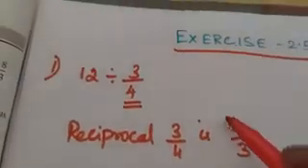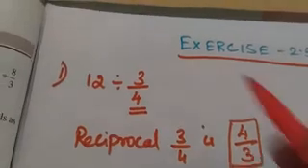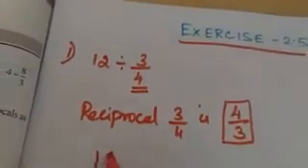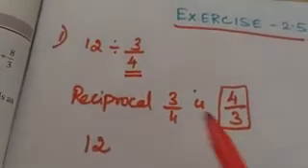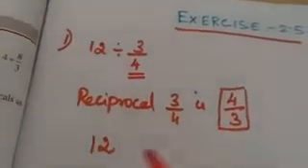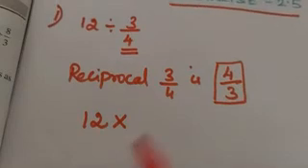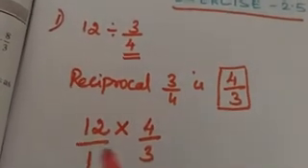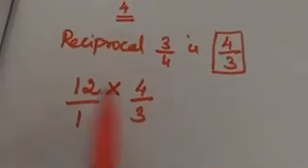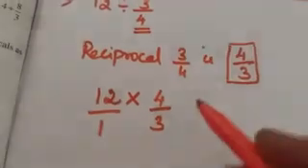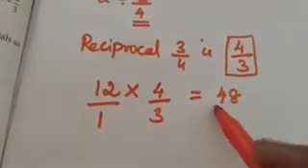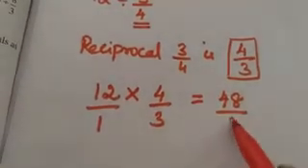Now this reciprocal should be multiplied with the given number. Once you have taken the reciprocal, the division becomes multiplication. So 12 multiplied by 4 upon 3. Now you know how to multiply. Directly you can multiply. 12 fours are 48 upon 1 into 3 is 3.